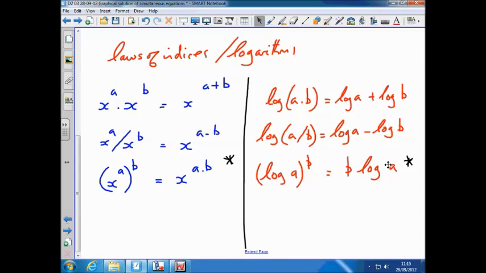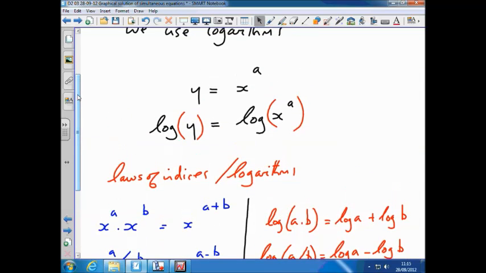So what we have is a situation where I've got one power raised to another power, then I can turn that into a multiplication. So if I turn my power function into a logarithm, then I can actually turn the power into a multiply. So if we look back at this, y equals x to the a, if I take the logarithm of both sides, I've turned both sides into powers effectively. So I've got one power, log of x, raised to another power a, so I can use the law of logarithms and bring this a down and turn it into a multiply.